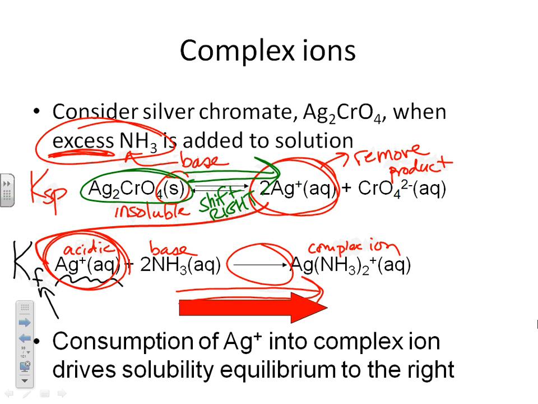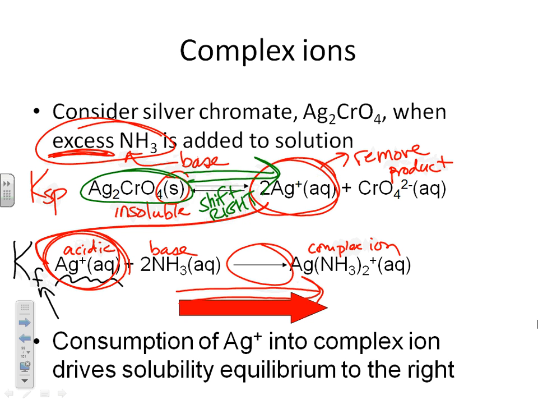By removing a product, Le Chatelier says, you are shifting to the right. You're getting that first reaction to occur more than it wanted to because you are basically upsetting the equilibrium. You are removing a product. So both of these work based on that idea.